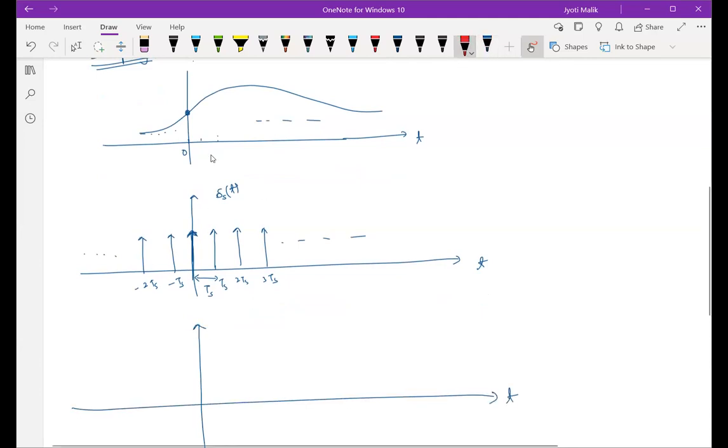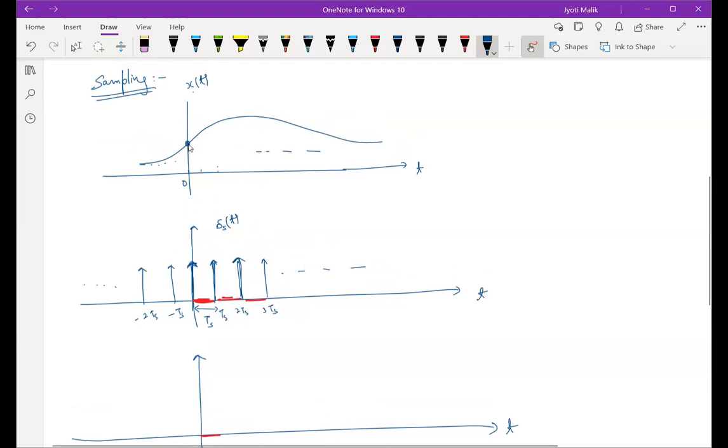If you multiply these two, you can see that for the intervals where there is no impulse, delta s of t is 0, so the multiplication will give you 0 only. For all these intervals you get 0, but you get the samples only at the instants ts, 2ts, and 3ts, and negative ts, negative 2ts.